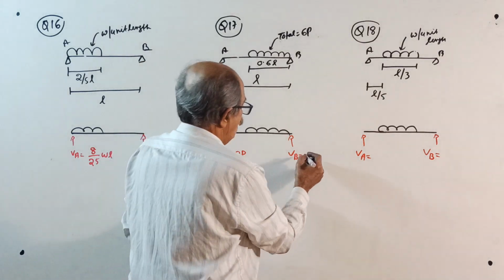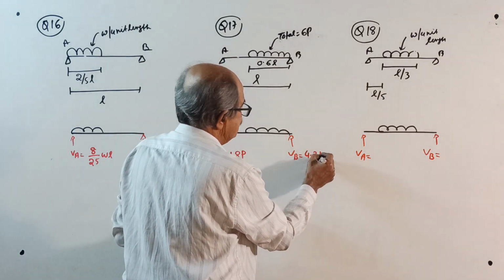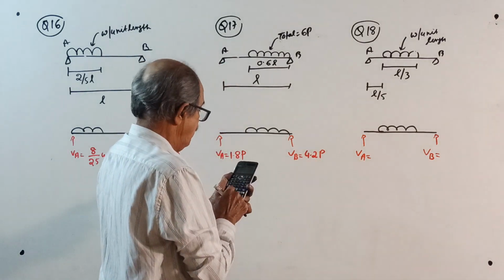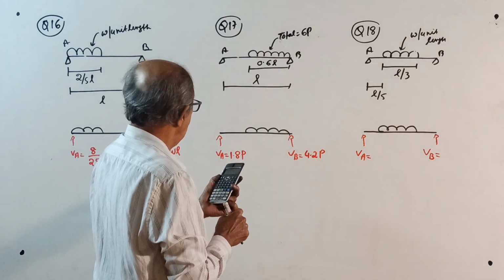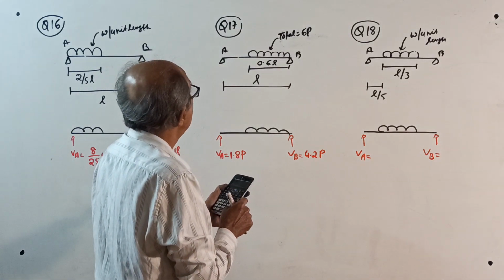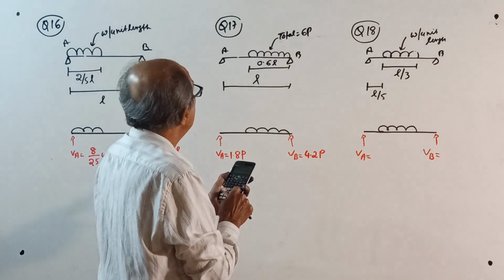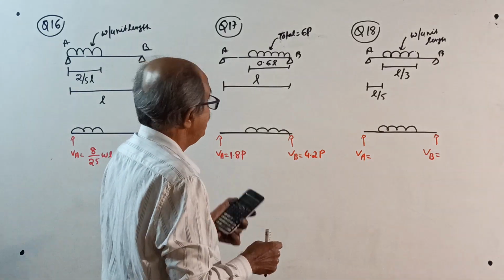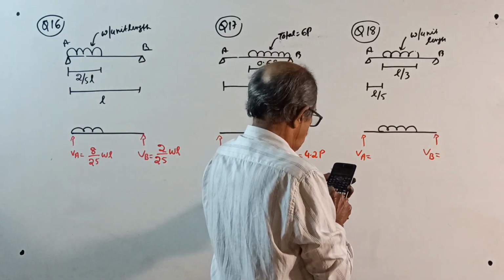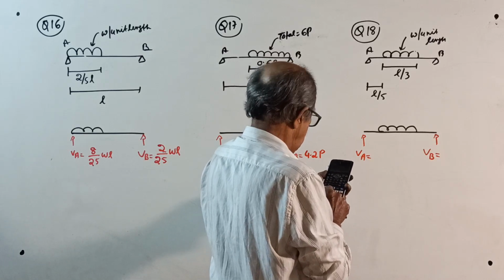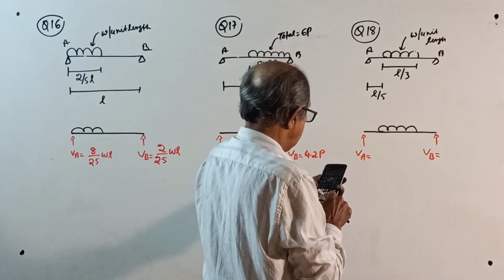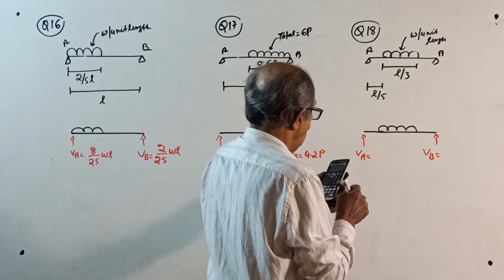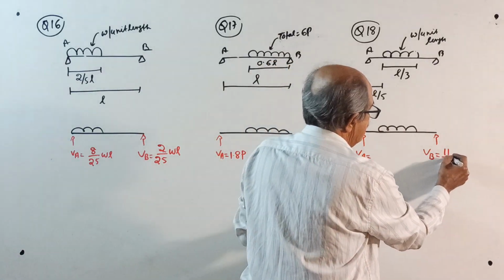This is 4.2 P. Checking is not required because 0.6 square divided by 2 is 0.18. Correct? 6 into 0.3. Yes, 1.8. Here answer. 1 by 3 into bracket 1 by 5 plus 1 by 6. It is 11 by 90 P.